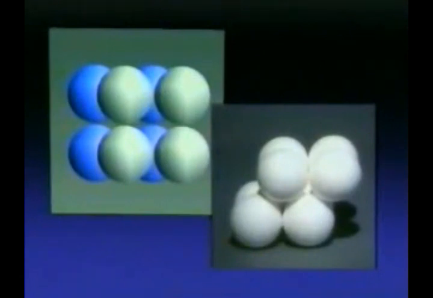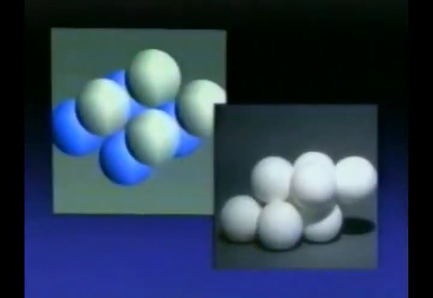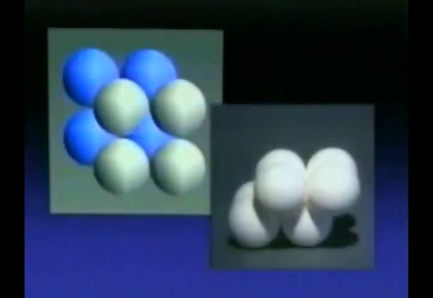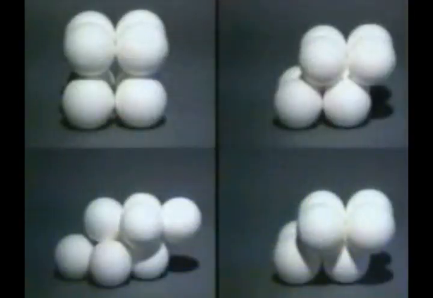Or stacking can be closer, as in this orthorhombic pattern, this tetragonal arrangement, or this rhombohedral pattern, and result in lower porosities. Although nothing has changed except the 3-dimensional stacking of spherical grains, porosity has decreased from about 47% in the cubic pattern to about 25% in the rhombohedral arrangement.